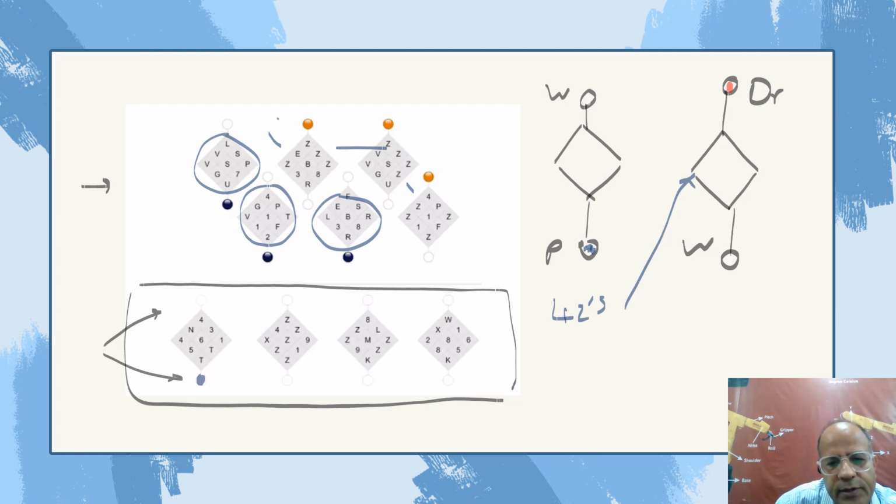Second grid, you see there are four Z's. So I'll put orange at top, and I'm going to use white at the bottom. Then for the third one, how many Z's are there? There are four Z's. So again I'm going to put orange at top, and again white at the bottom.